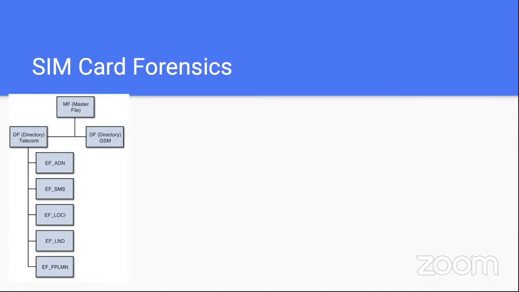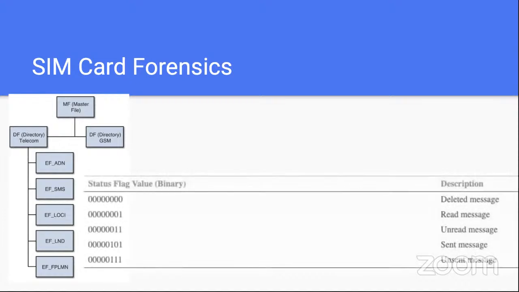SIMs can also help an investigator determine whether a text message was read, deleted, unread, sent, unsent, based on the status flag, which is saved in binary. The multimedia text messages can be carved out using forensics tools.